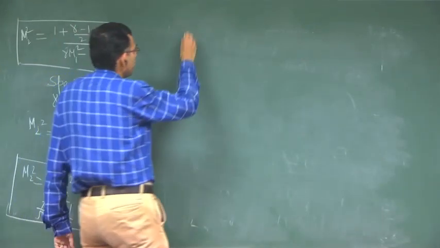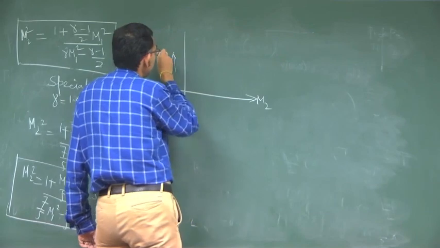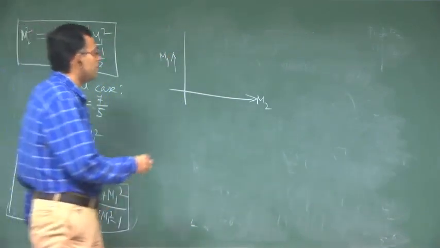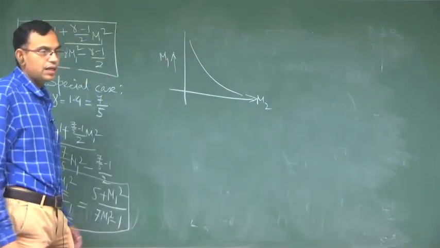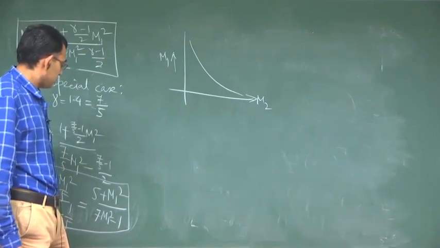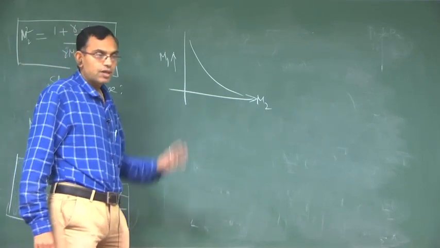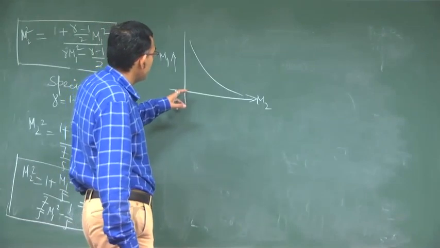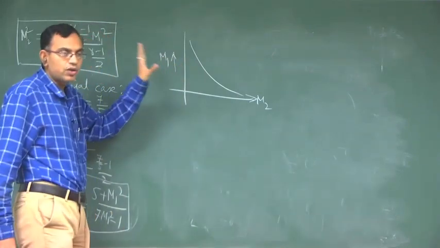So, if you plot m2 as a function of m1, it will be a sort of a curve like this, and m2 is equal to m1 is also a solution, but m2 is equal to m1 is the trivial solution. So, that does not come into the picture in this graph. So, this is the non-trivial solution.